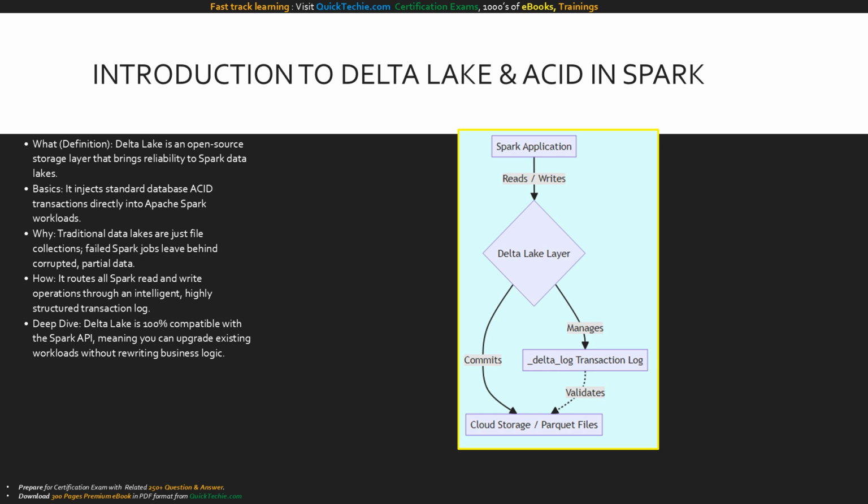When a Spark job finishes processing, Delta atomically commits the transaction to your cloud storage. If the Spark job crashes or fails for any reason, the transaction is completely rolled back, keeping your storage perfectly clean and uncorrupted. This abstraction layer is completely transparent to the user, meaning you get enterprise-grade reliability without having to completely rewrite your existing Spark SQL or data frame code.